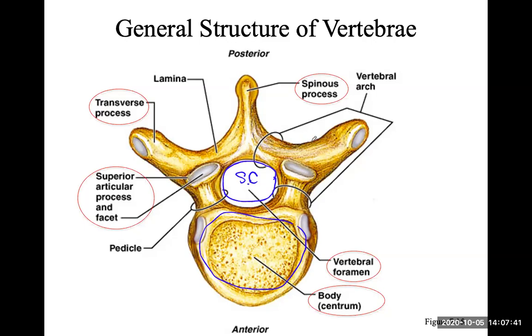You have these bones protruding on the side. These two are a pair, coming off the side, called the transverse processes. You have one major one poking out in the back, or posterior view, called the spinous process.